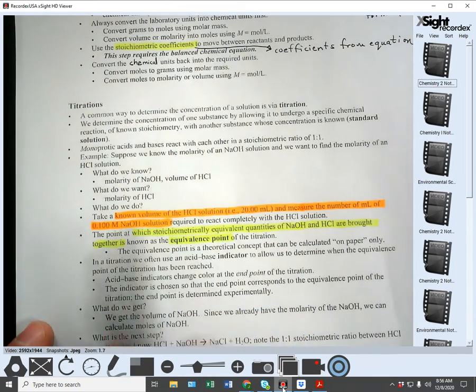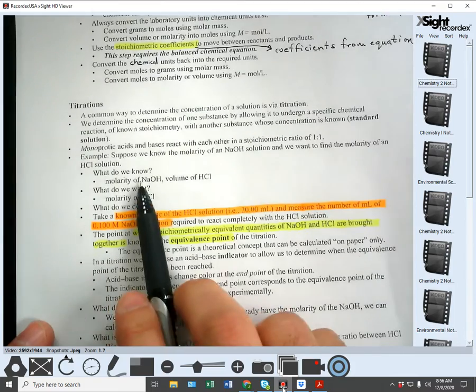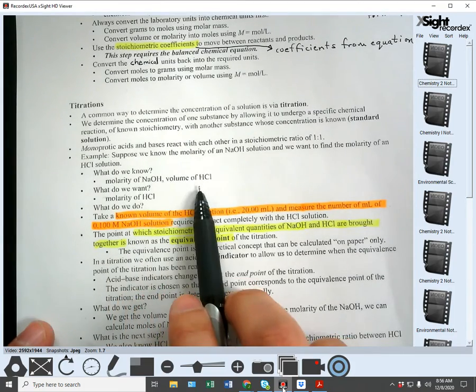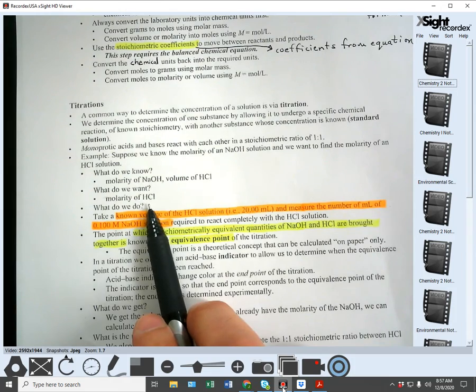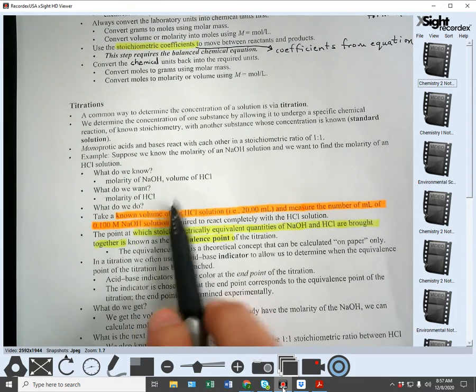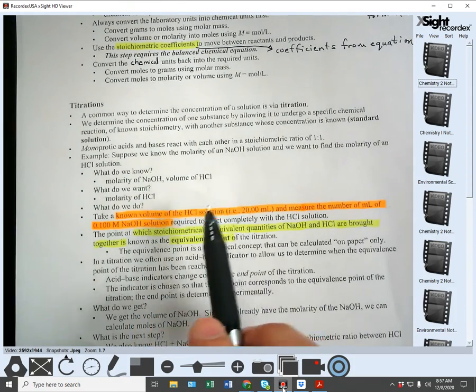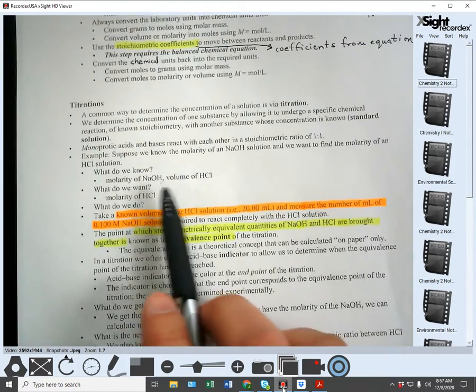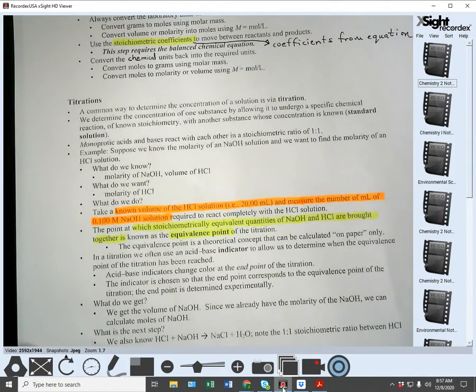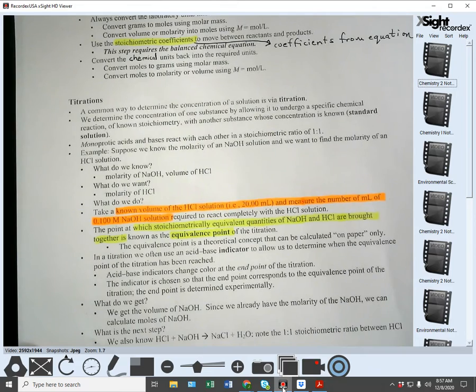So you'd have to know the molarity of the sodium hydroxide and the volume of the hydrochloric. And you could get the molarity of the hydrochloric because you would know the volume of the hydrochloric you put in and the molarity of the sodium hydroxide.